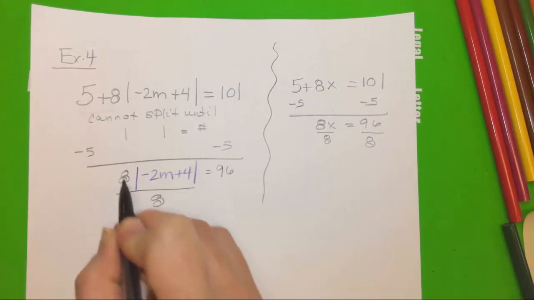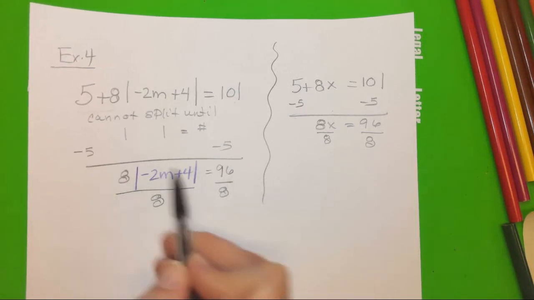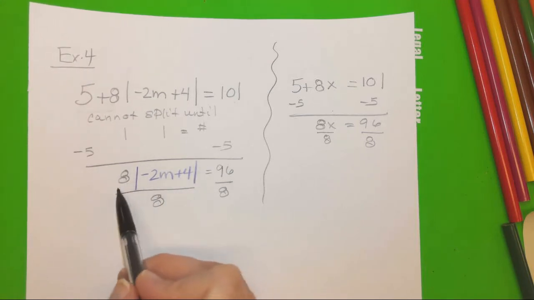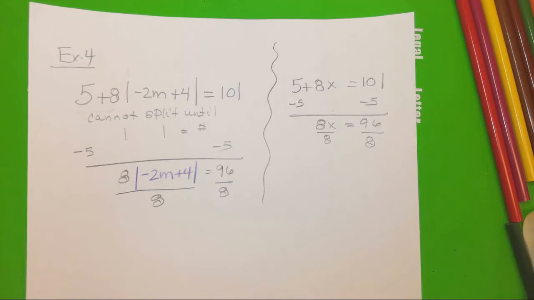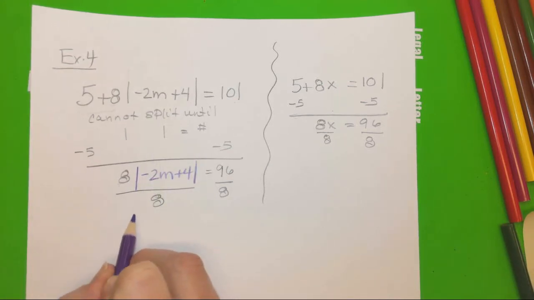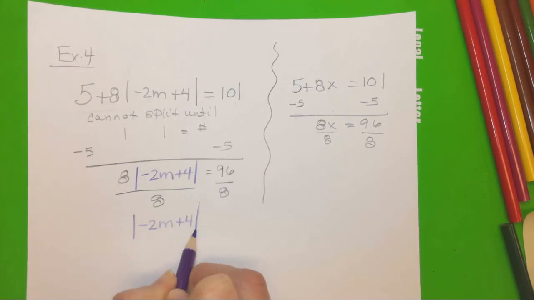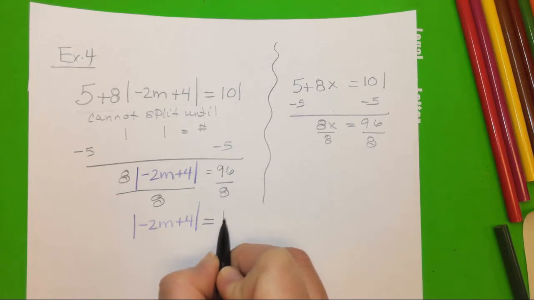We're going to peel off that boogie, that 8. We're going to divide by 8. You cannot distribute into an absolute value mark. That's like jail. You can't break into jail. 8 is a free man on the outside, and he cannot come in. So now we have absolute value of -2m plus 4 equals 12.